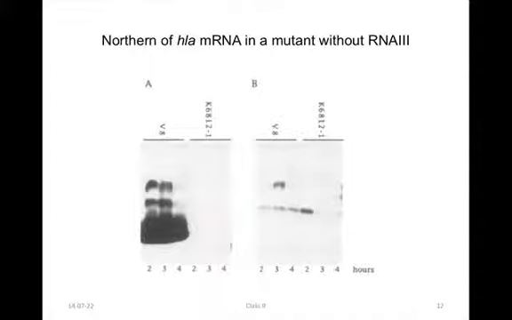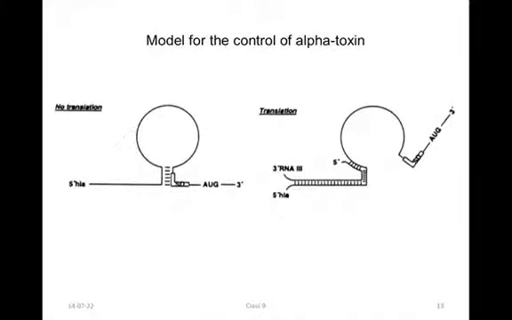Okay, and then the last slide, this is their model. What happens with HLA is it self-binds, and the self-binding is at the Shine-Dalgarno region. Is that the cleavage site, where RNase 3 binds?